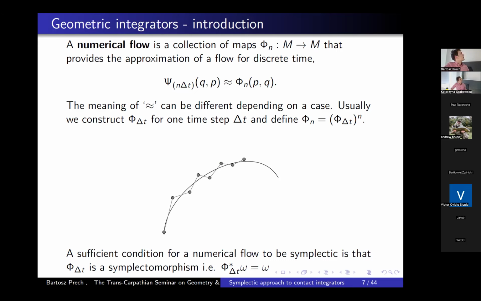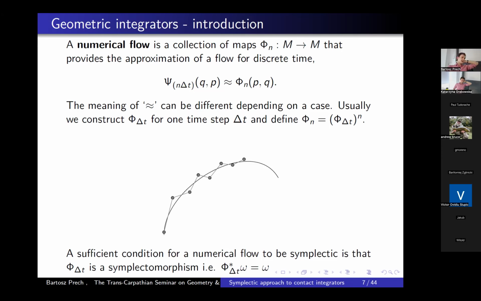We would call such a numerical scheme a numerical flow of a general map, and when it's applied to a symplectomorphism, then it would be a symplectic integrator.